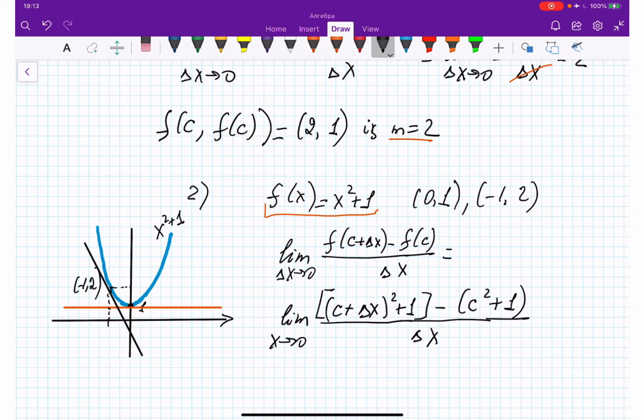So what did I do? Since it's at the final point, let me show you that point. This is my secant line.